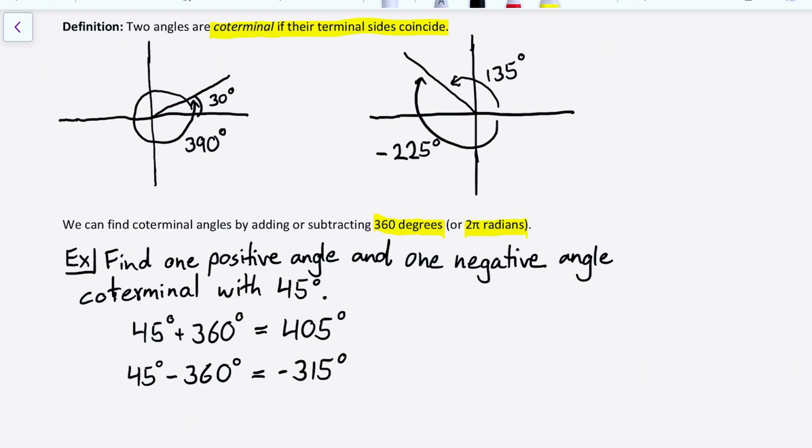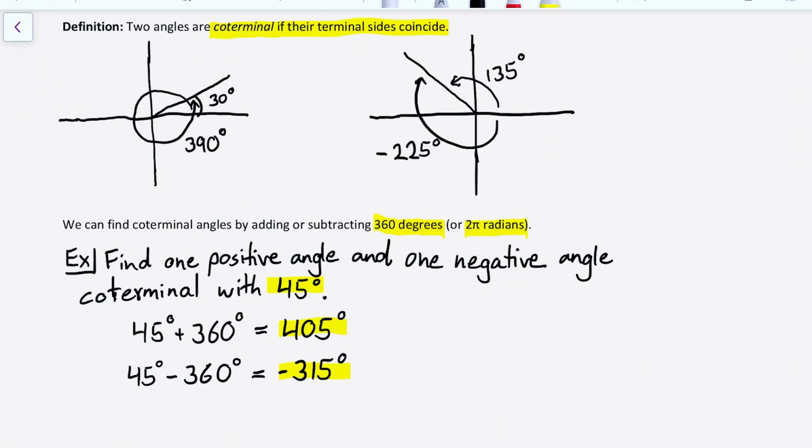So all of these angles are coterminal. 45 is coterminal with 405 and also with negative 315. And in theory, I could create an infinite number of larger and smaller angles that are coterminal with 45. It's usually helpful to think of angles between 0 and 360 degrees, or 0 and 2 pi radians.